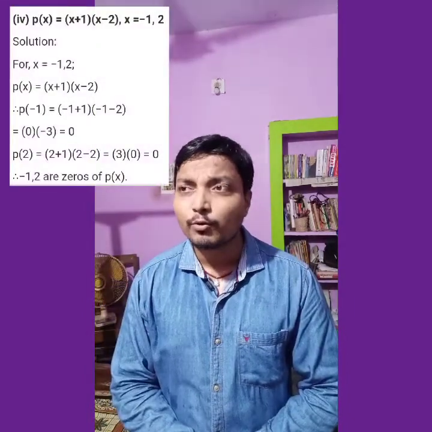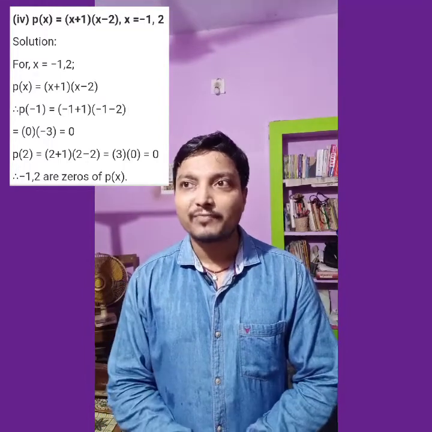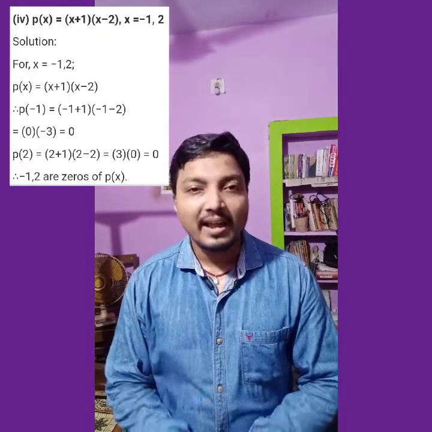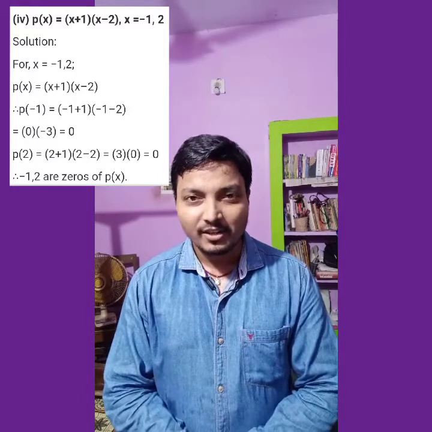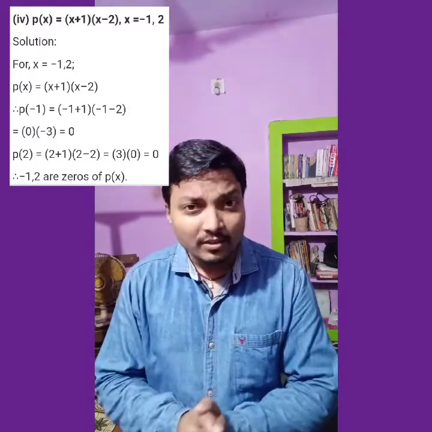Is it okay? And next one is question number IV. In question number IV, the polynomial is x plus 1 whole into x minus 2, and it is asked that you check whether minus 1 and 2 are the zeros of the polynomial or not. So on putting x equal to minus 1, I need to check the value of the polynomial.